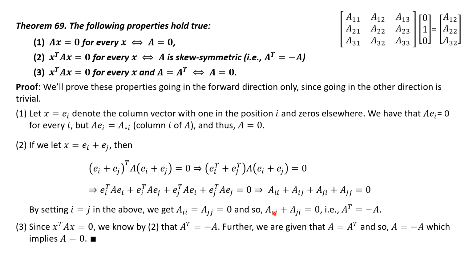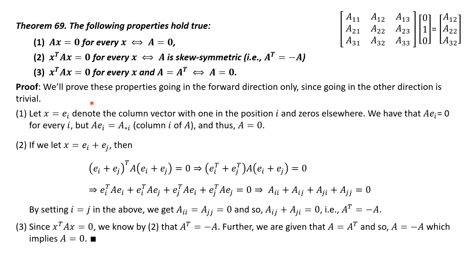In other words, A transpose equals minus 1 times A. This is effectively A transpose here, and then you can just subtract this from the other side. Okay, so that was the second one.